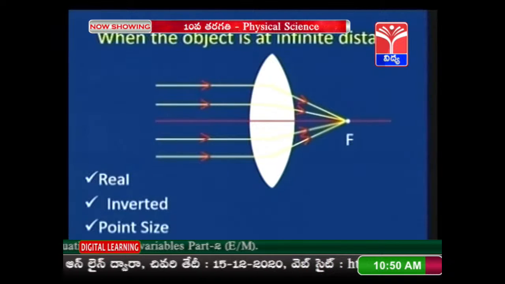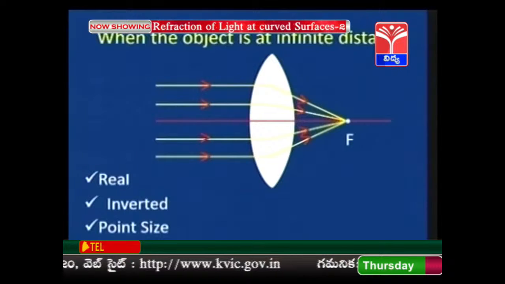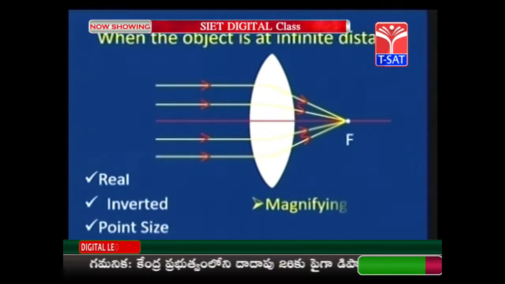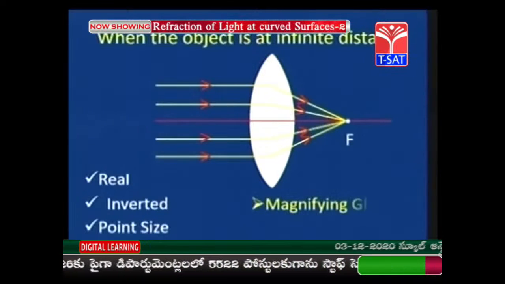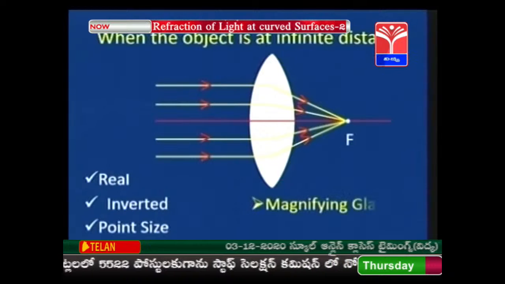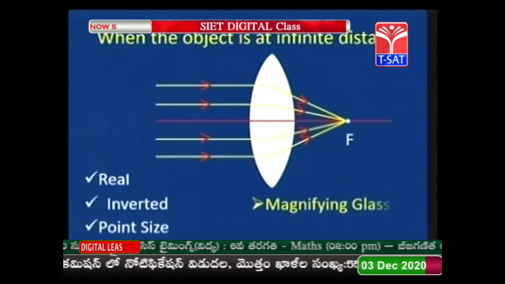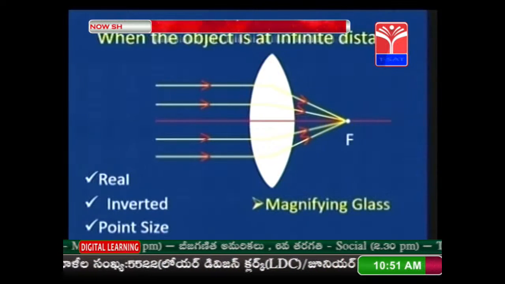So children, can you tell where we can use this phenomenon? Yes. In the case of a magnifying glass, this is the phenomenon used. Light rays are parallel and coming from infinite distance, and they converge at one point, which is known as the focus.